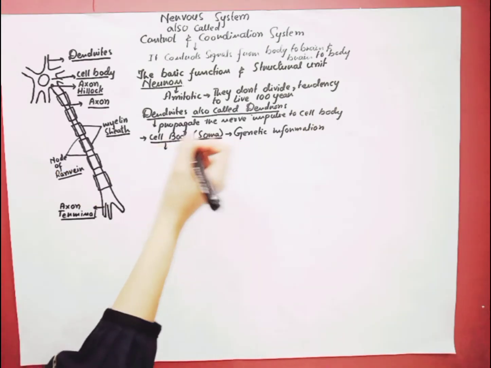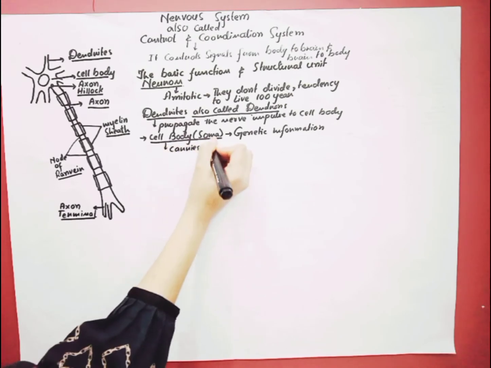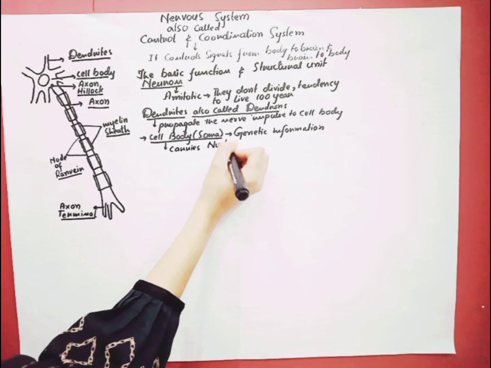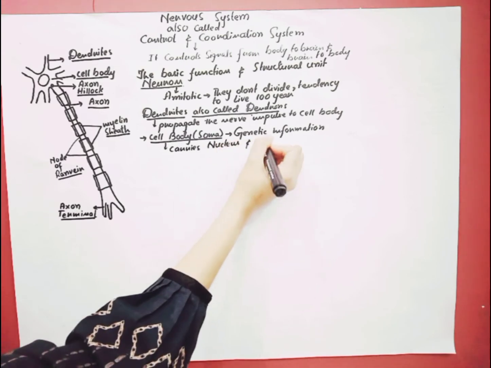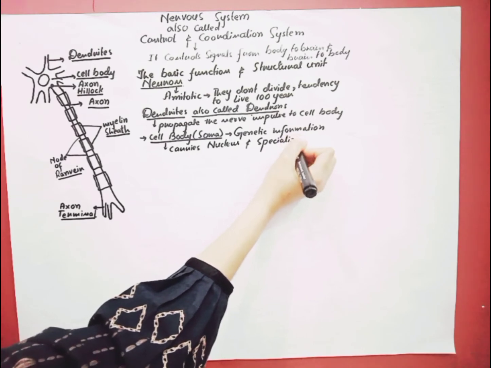The neuron cell body carries nucleus and specialized cell organelles.